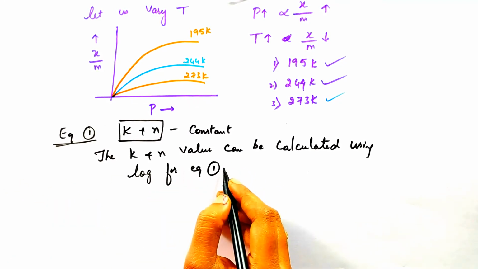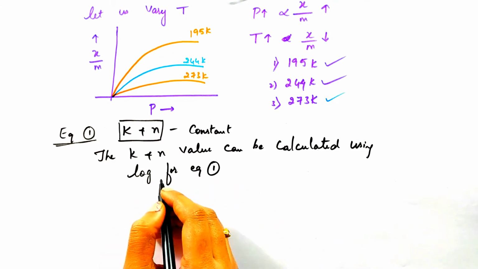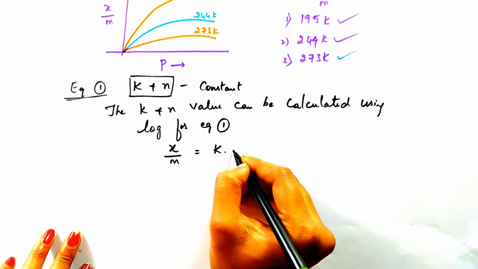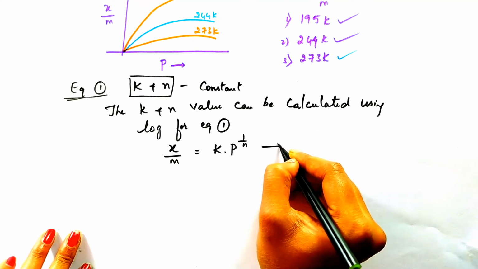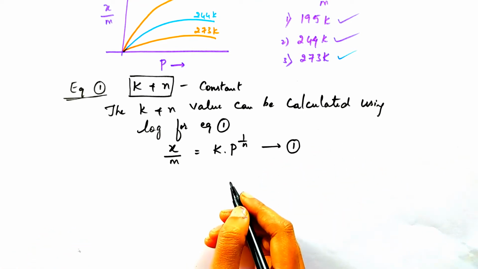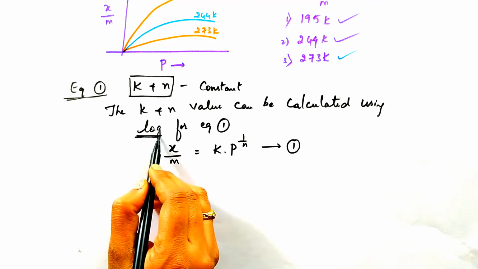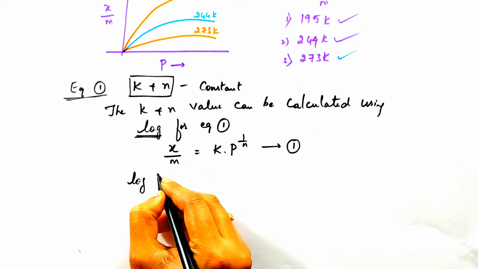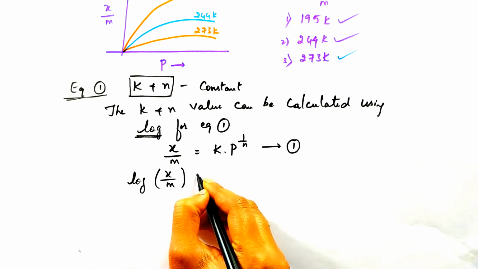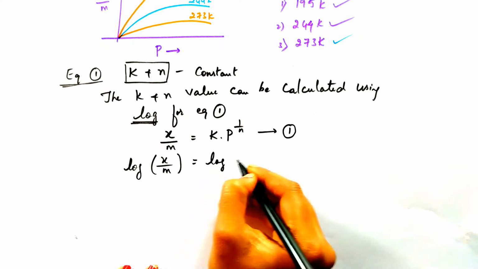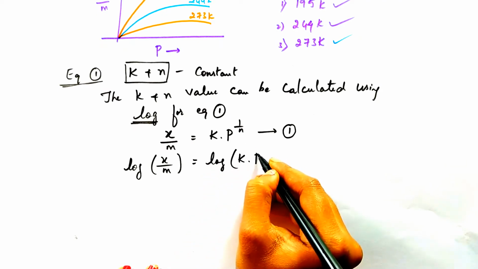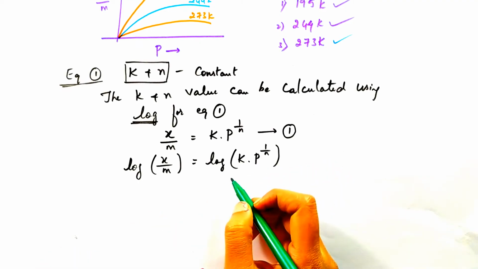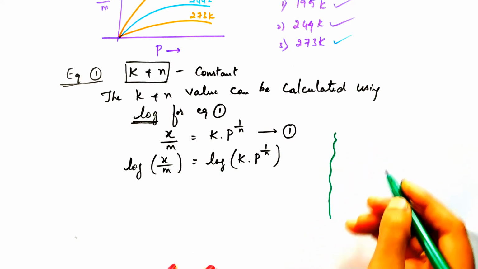So equation 1 is the Freundlich adsorption equation. Let us take that equation now. X by m is equal to K into P to the power of 1 by n. This I mentioned as equation 1. Now let us apply logarithm on both sides of this equation. So log x by m is equal to log of K into P to the power of 1 by n. Before simplifying this logarithm equation, let us know the indices first.